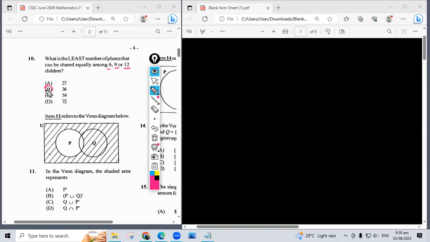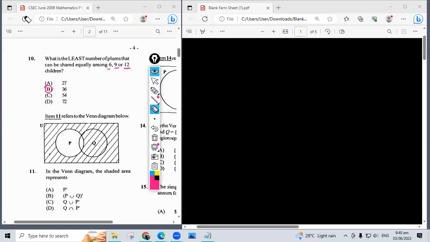So if you never knew of a practical application of LCM, now you know. When you're dividing things amongst different groups, it doesn't have to be people, it could be anything, LCM gives you a very easy way of figuring out a value that can accommodate all the groups at the same time. So let's move on.